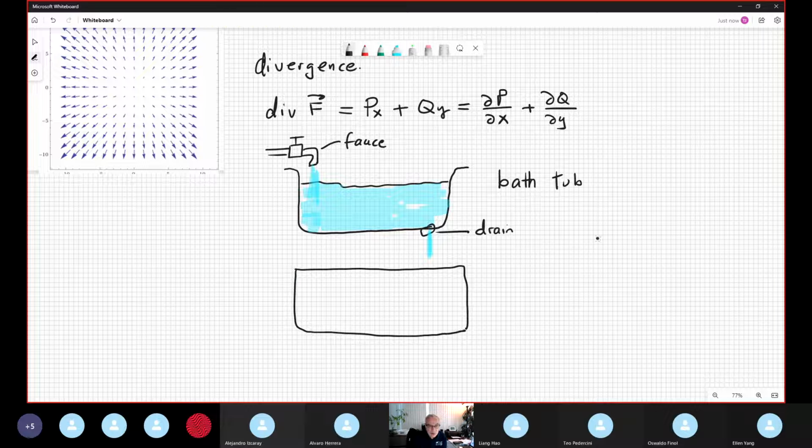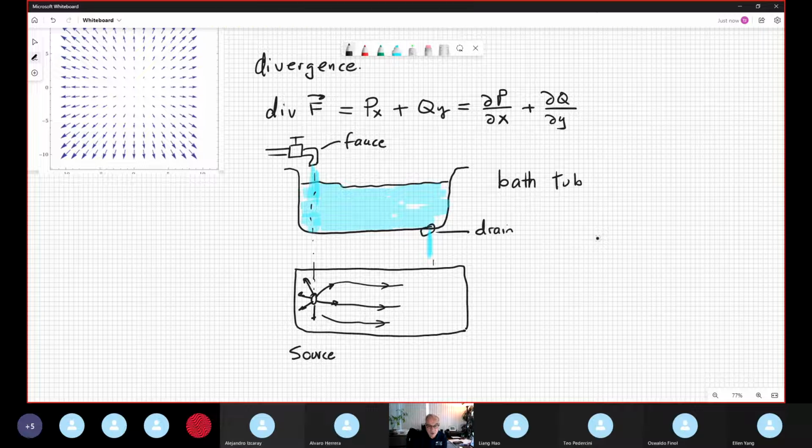Okay, we have a faucet, and the faucet looks like a source of water. Okay, this is a source of water. Now the liquid, the water in that case, flows in this direction.